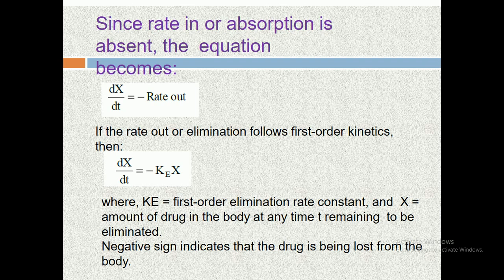X is the amount of drug in the body at any time remaining to be eliminated, while Ke is the first order elimination rate constant. The minus means a decrease, the rate of elimination. The negative sign indicates that the drug is being lost from the body. It means the drug is being eliminated, excreted from the body.